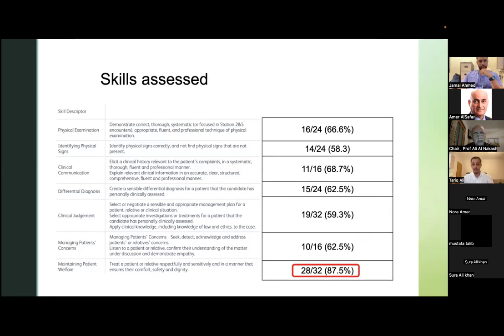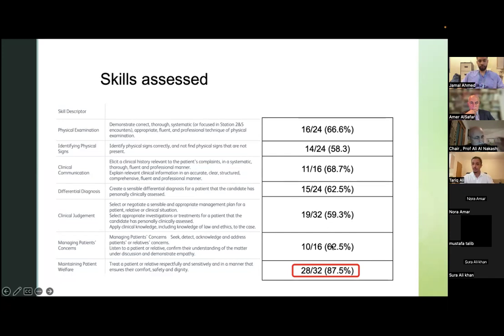You'll notice that the last mark is for patient welfare. There is a strong emphasis in the PACES exam on maintaining safety throughout all the stations. This involves your mannerisms and body language towards the patient, and ensuring that you don't cause them any significant harm. This includes how you examine them as well, particularly with things like the abdominal station, where you do need to palpate.